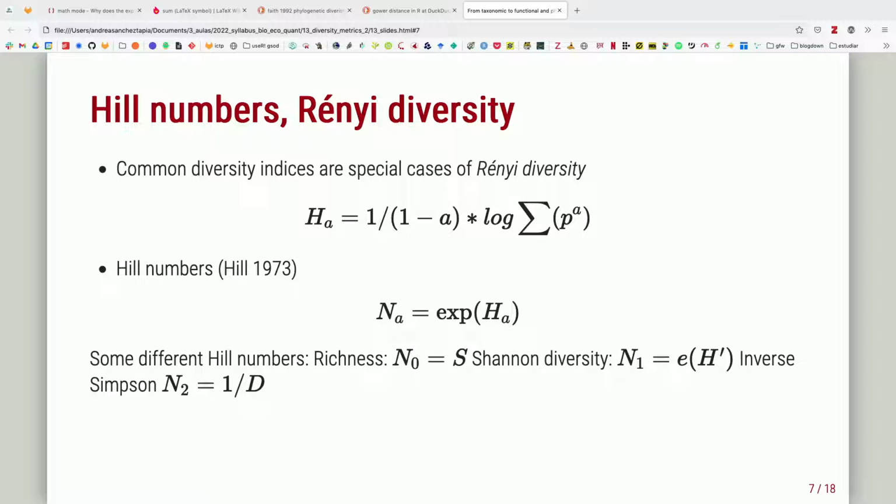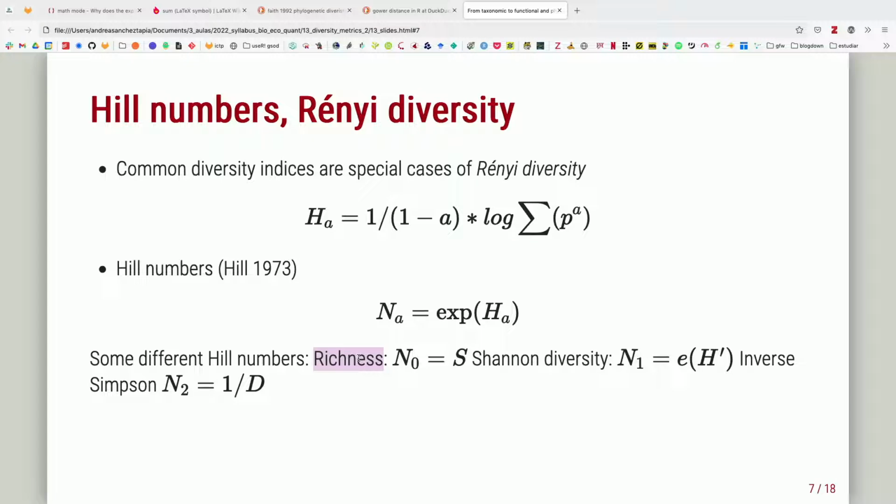So if you look at the shape of the Renyi diversity formula, and you think about A going from 0 to 1 to 2 to 3, for 0 the Renyi diversity, and the exponent of Renyi diversity, would be equal to the number of species in the sample.